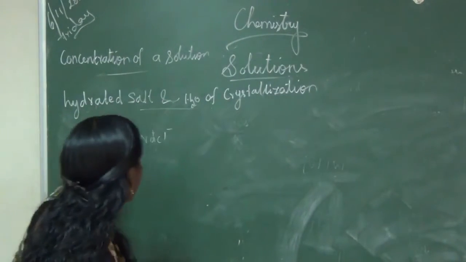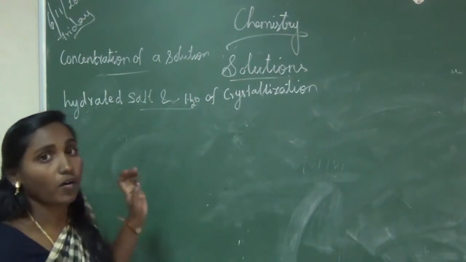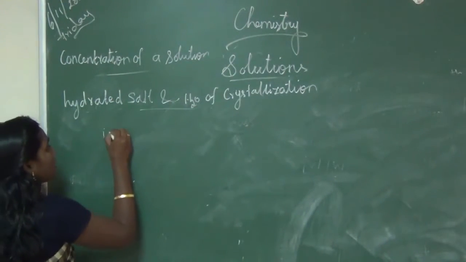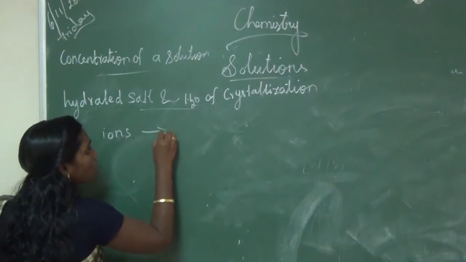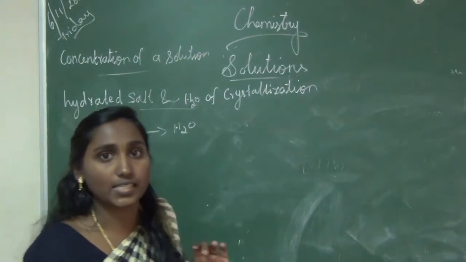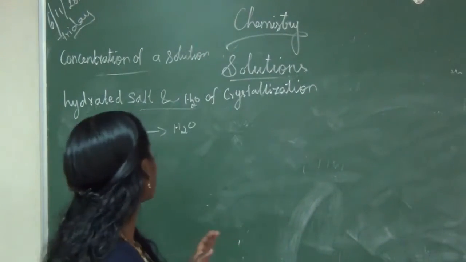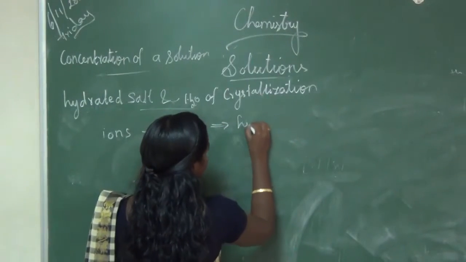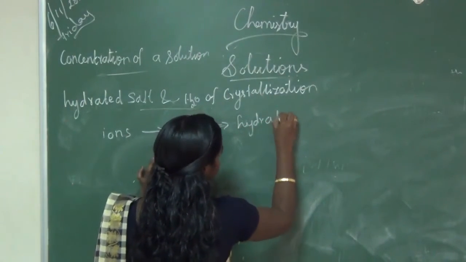When ionic substances are dissolved in water, the ions attract the water molecules. Ions will attract the water molecules chemically in a certain ratio. This process is called hydration. So what is hydration?